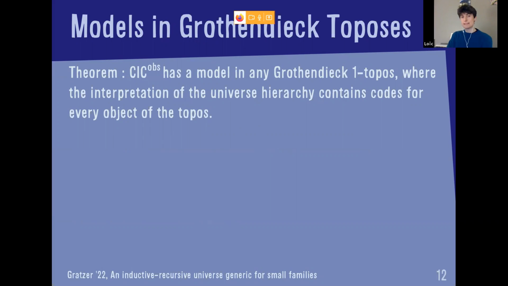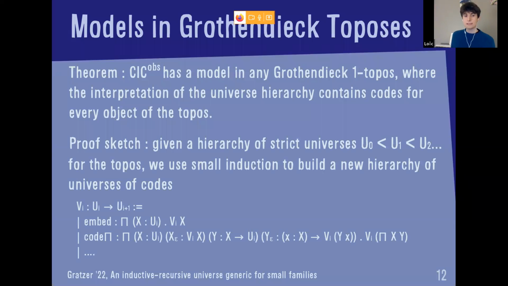And now let's look at the semantics a little bit. So first, the models in Grothendieck toposes. As proved by Daniel Gratzer, this kind of observational type theory can be modeled in any Grothendieck topos, where the interpretation of the universe hierarchy will be inductively built to contain codes for every object of the topos.